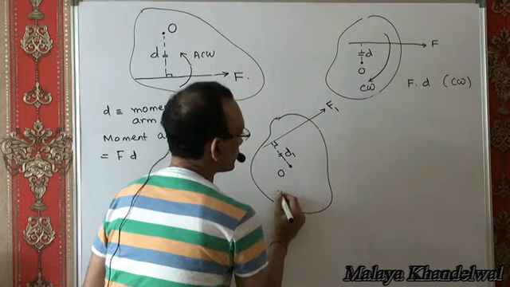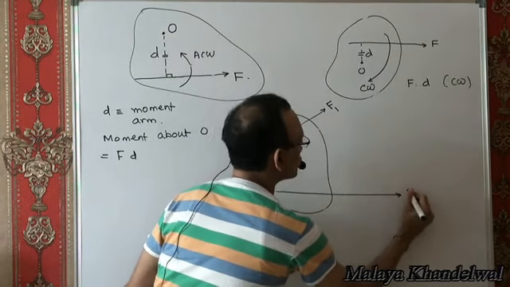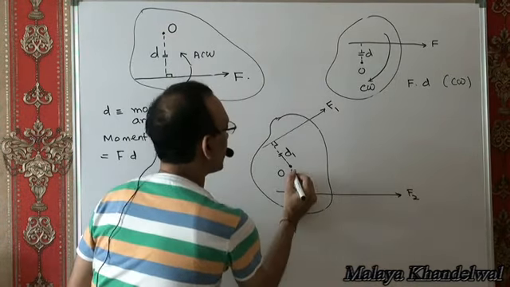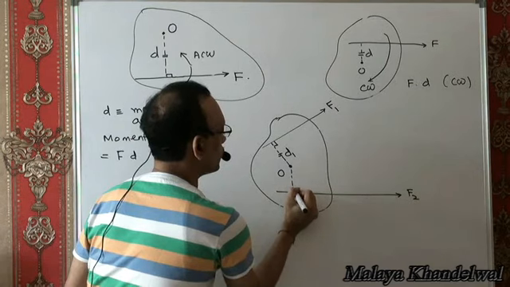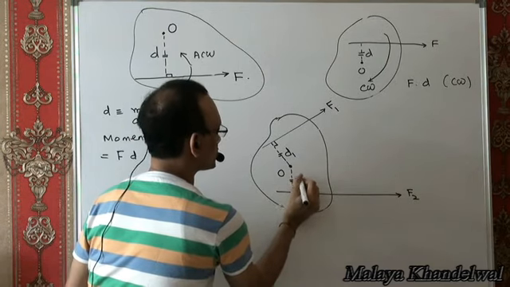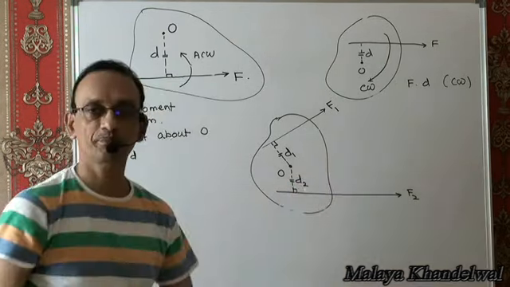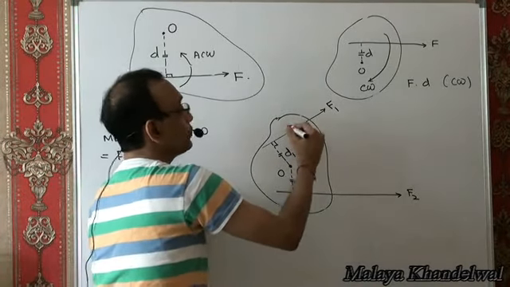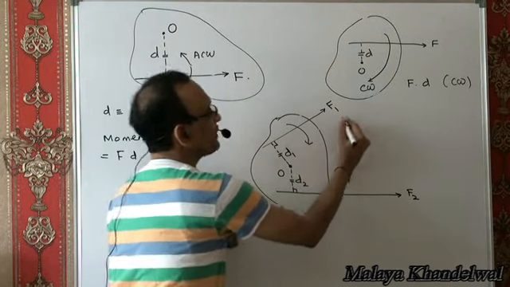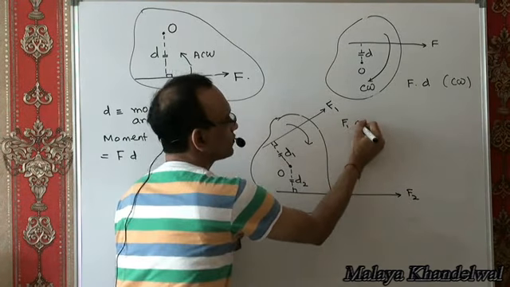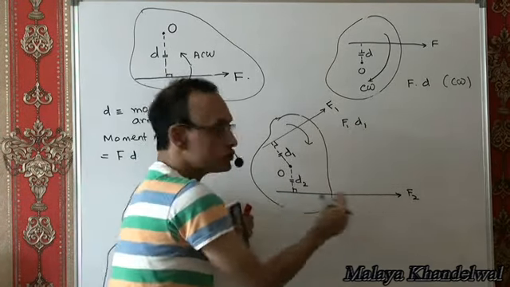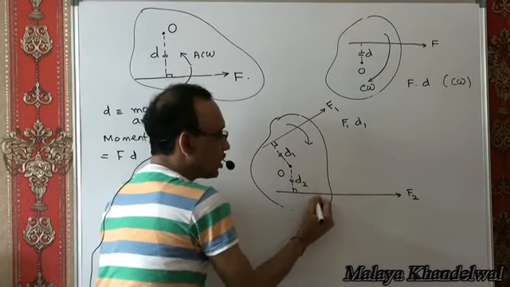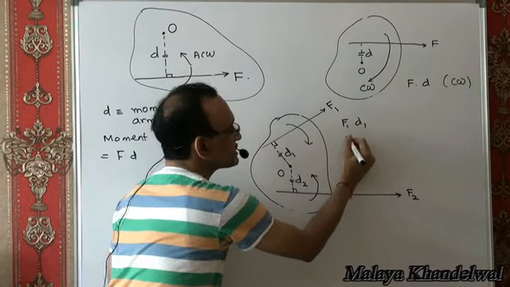And say there is another force F2 acting on the rigid body as shown, and its perpendicular distance from O is D2, right? Now realize that this F1 produces a clockwise turning effect, which is F1 into D1. This F2 produces an anti-clockwise turning effect about O, which is F2 into D2, right?